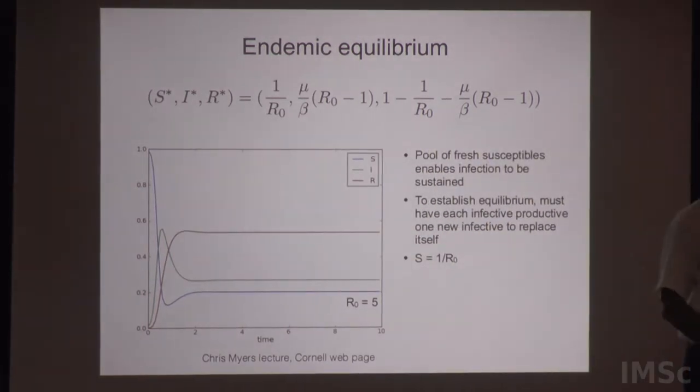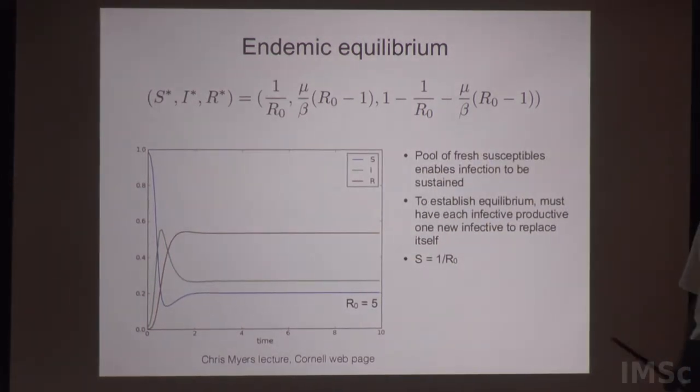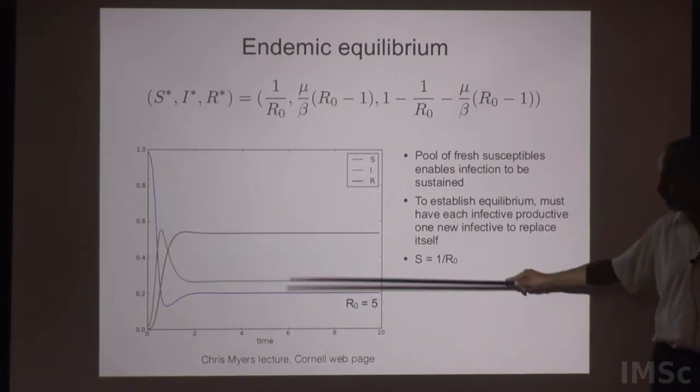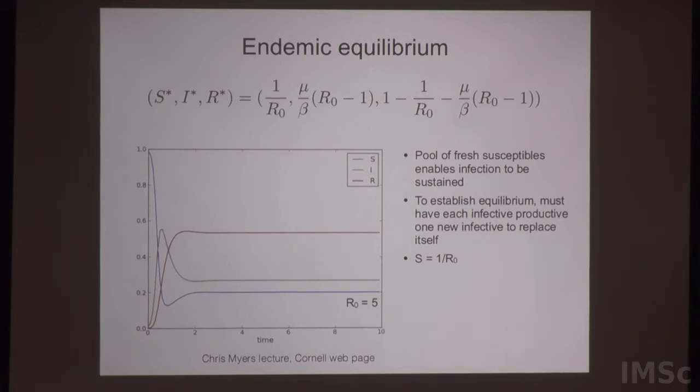But the important point to notice is that even at t equal to infinity, that is in equilibrium or steady state, there is always a finite fraction of people who are infected. This corresponds to a situation where a disease is endemic in a population. If you remember, we said the words epidemic and endemic, and endemic is used for the case in which there is always a certain fraction of cases in the population who have that illness.